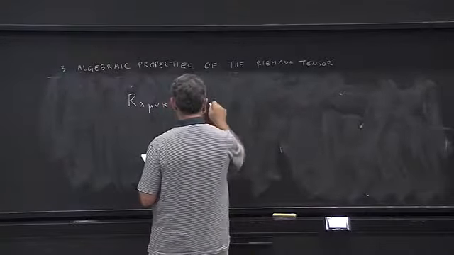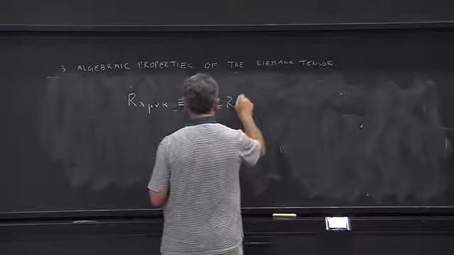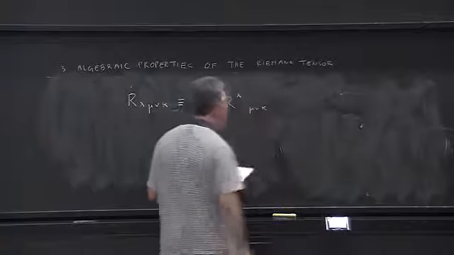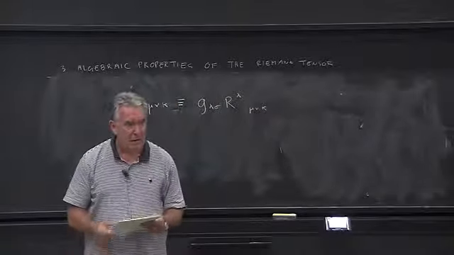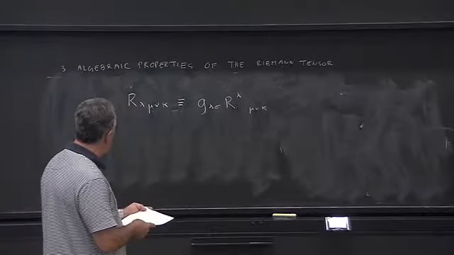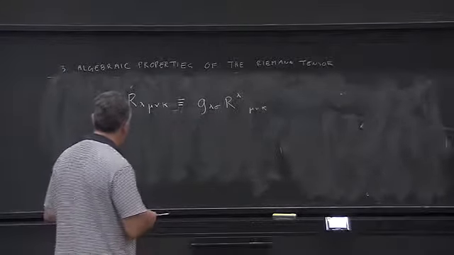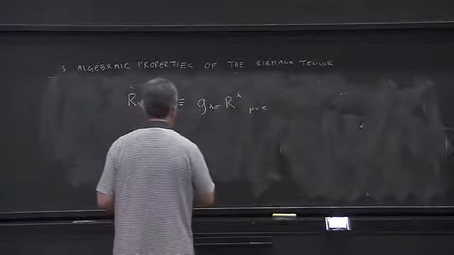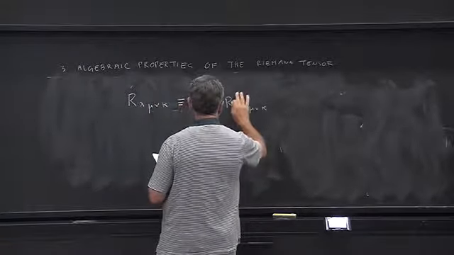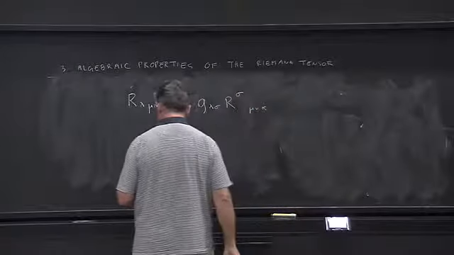Now we can lower the index. It started out life with 1 index up and 3 indices down, if you remember. That's how we defined it. We can define one with 4 indices down like that. So that's not the right index. There we go.